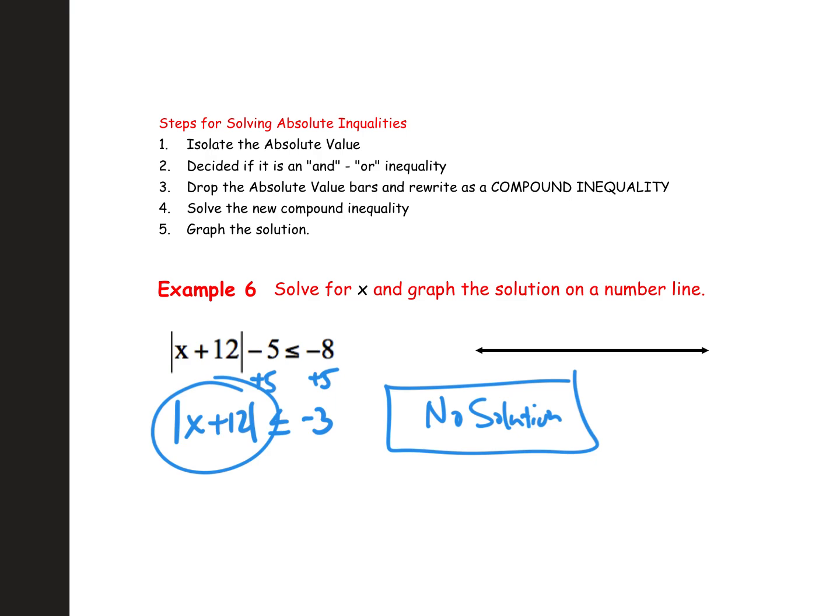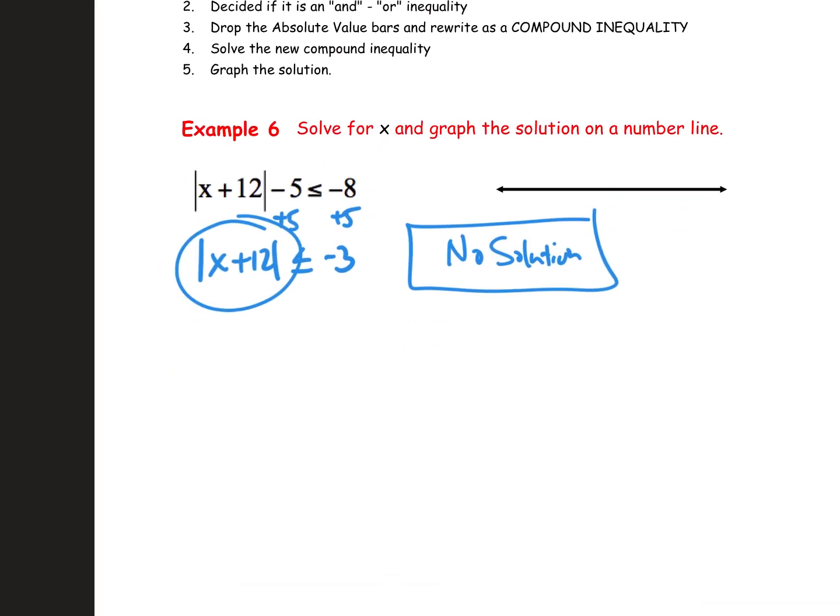Even if you went through this problem and finished it, even if you decided to continue, take what's on the inside, less than or equal to a negative 3, and take what's on the inside, greater than or equal to the opposite of that.